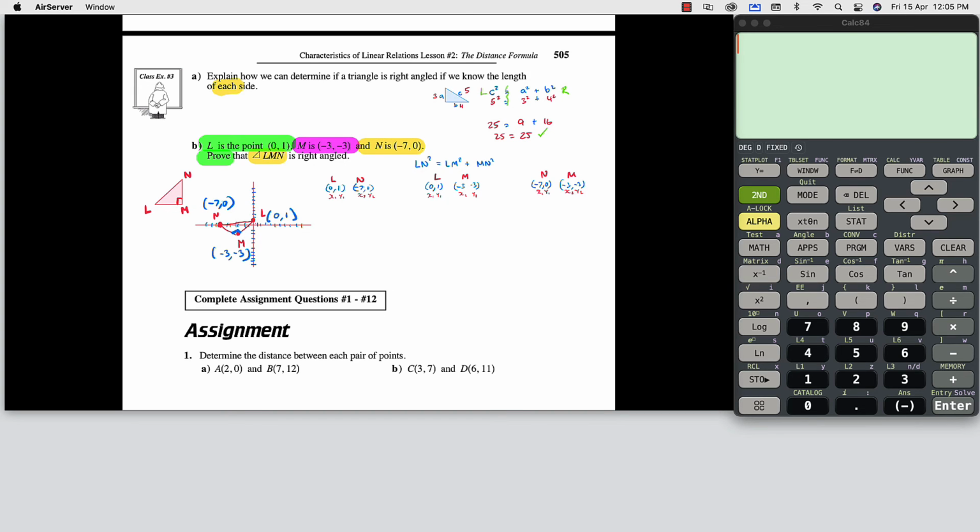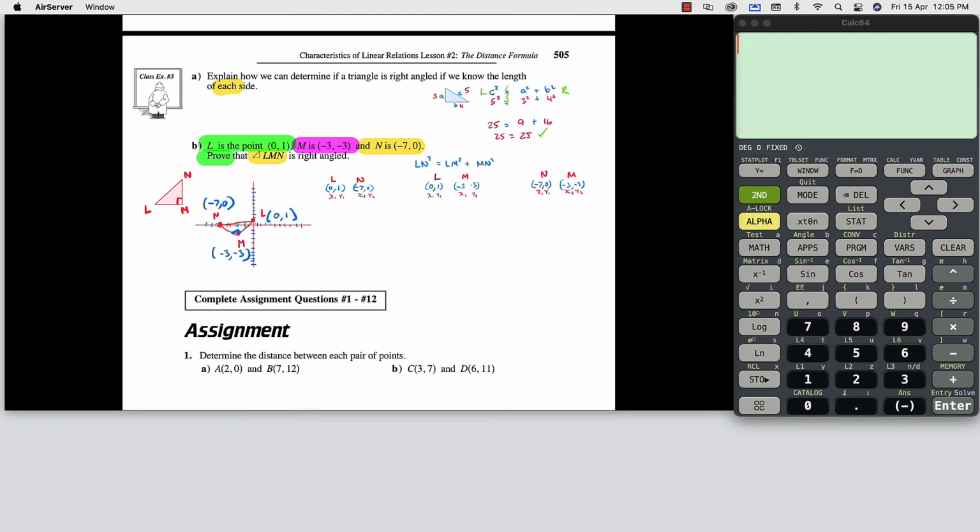And then I put the 2 points that create the line segments together here and labeled them as x1, y1, x2, and y2. So the question is saying prove that these 3 line segments create a right-angled triangle.